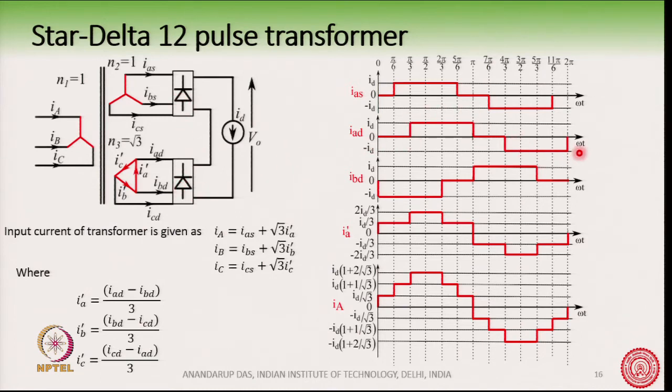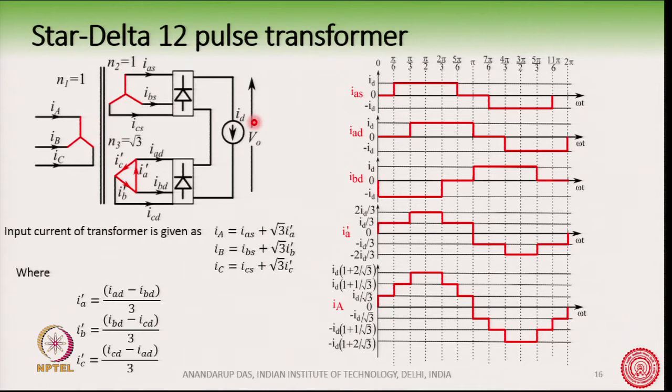IAD is also like this, but IAD is phase shifted by 30 degrees. Why? Because the line voltage of the delta is the same as the phase voltage, so there is no phase shift, whereas the line voltage in a star connection is 30 degrees leading to the phase voltage.